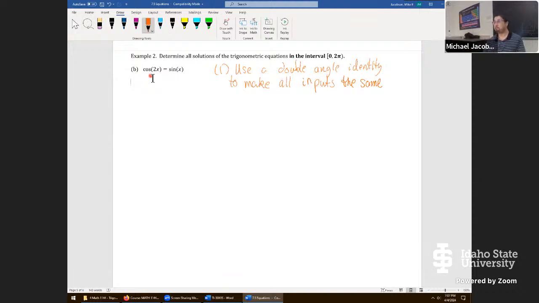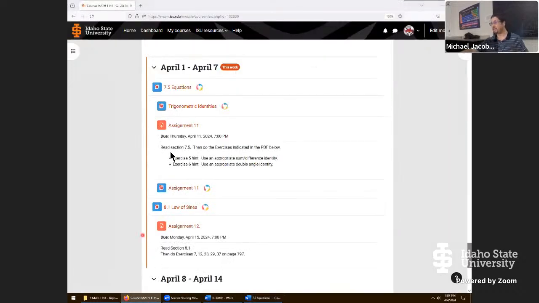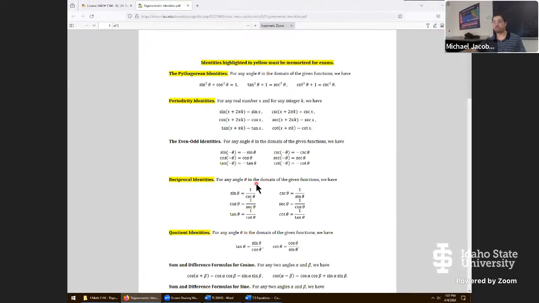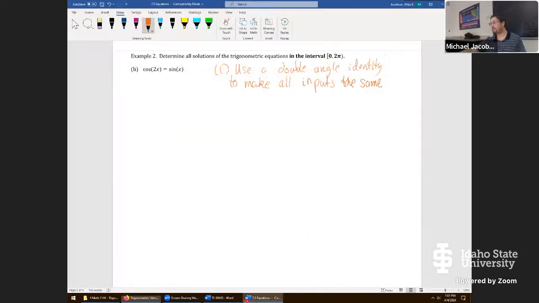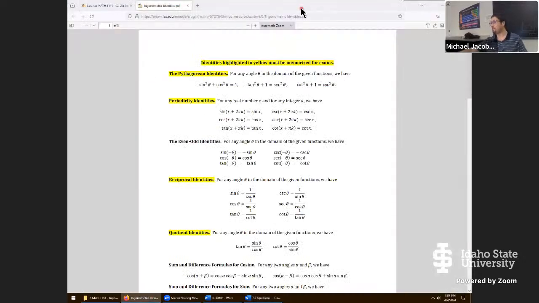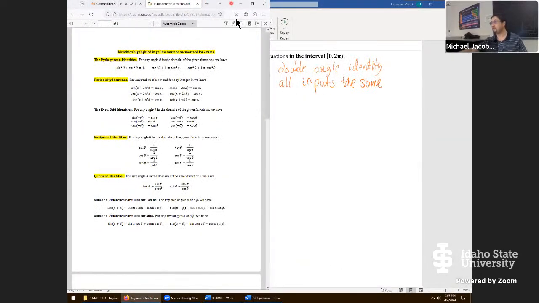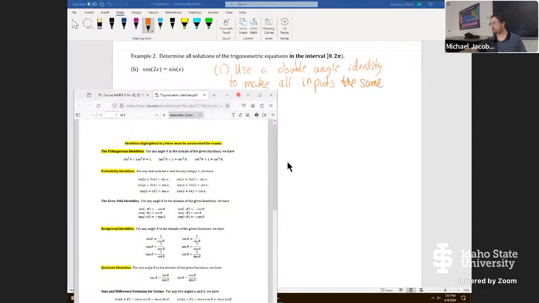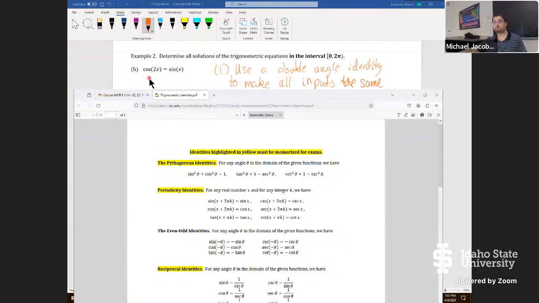This is the moment where we would probably pause for a bit, go to, say, the trigonometric identities document, and do some soul searching. We need to find out, where do we have a double angle identity relative to cosine? Let's put this on a side-by-side kind of window. You could, absolutely.